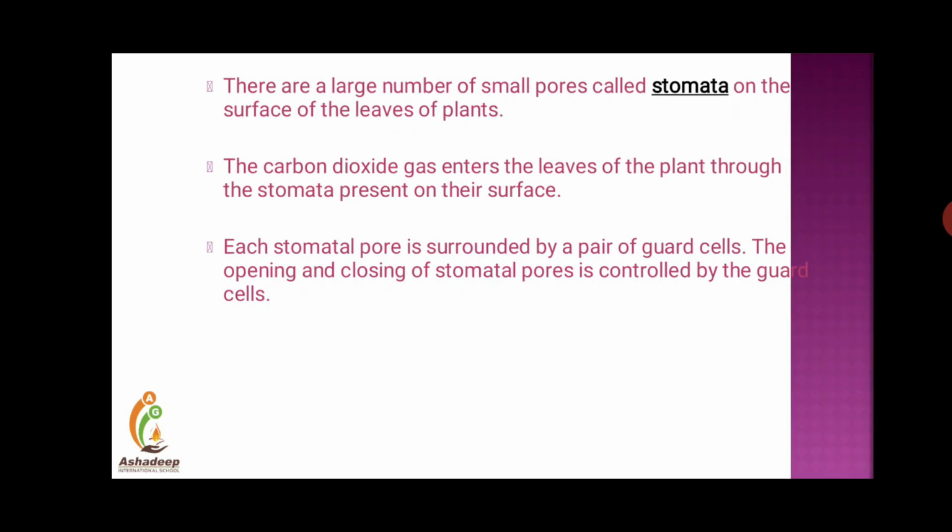Carbon dioxide gas present in the air enters the leaves of the plant through the stomata, and these stomatal pores are surrounded by guard cells. These guard cells help in opening and closing the stomatal pores.